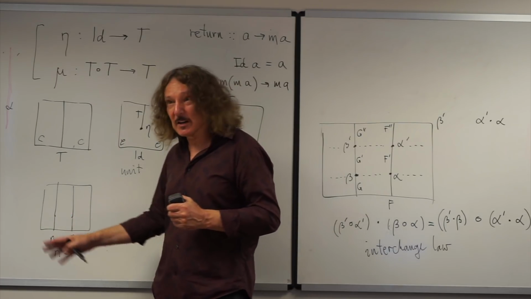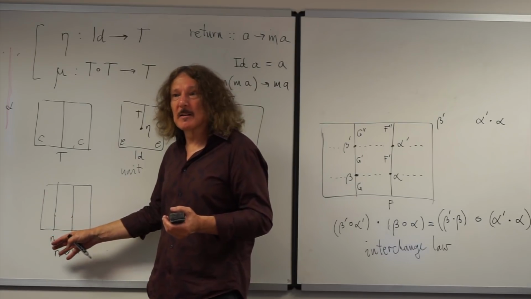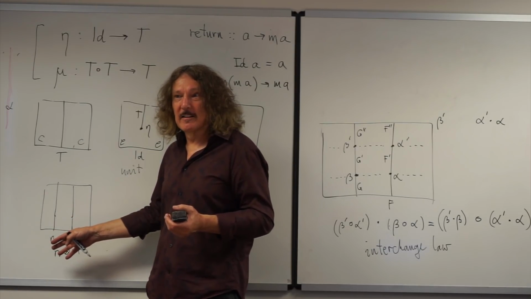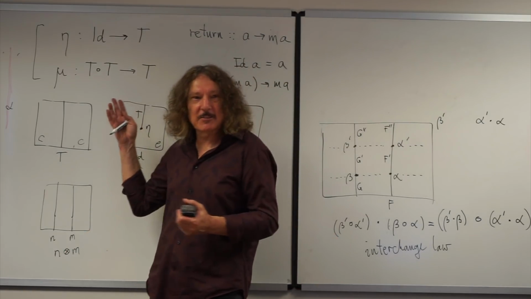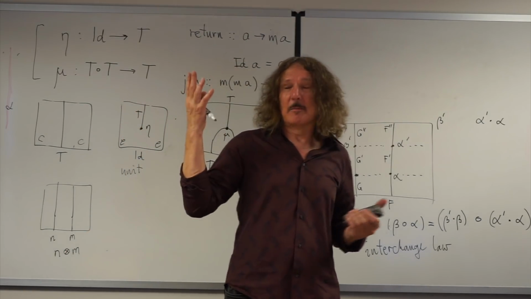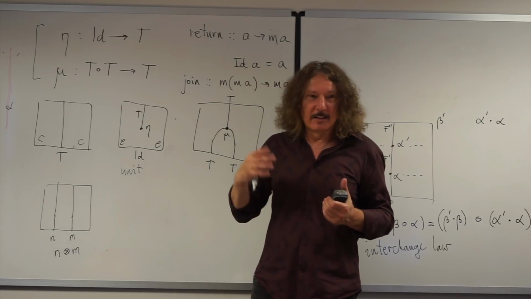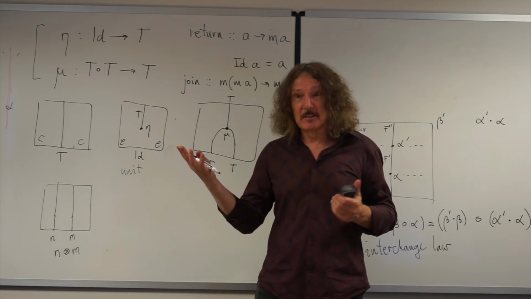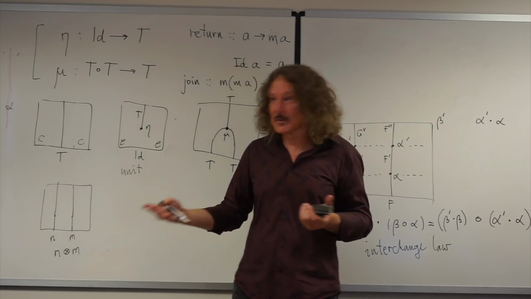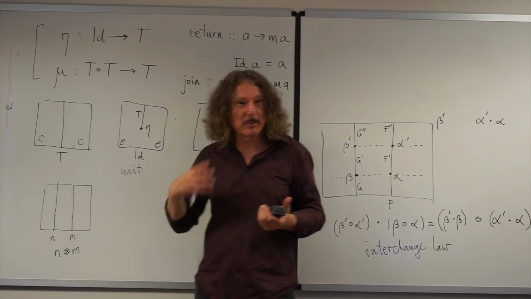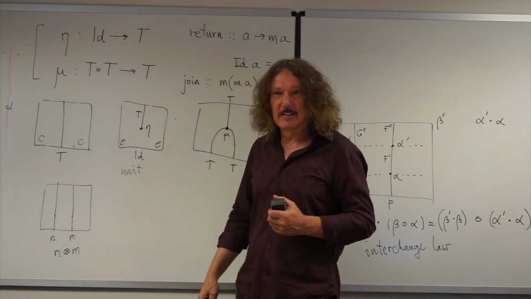So this works exactly the same way in an arbitrary monoidal category, and in particular it works in a functor category. So all the stuff that I told you about functors and string diagrams in the functor category, that's just because a functor category is a monoidal category. It has multiplication of objects. Objects here are functors, right?